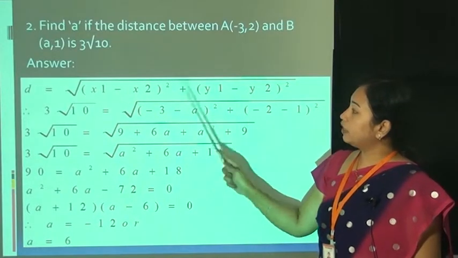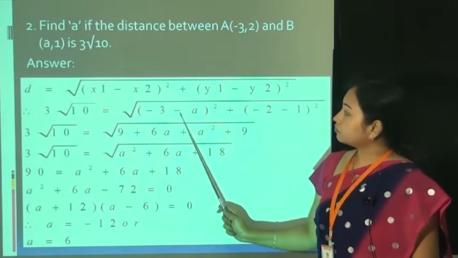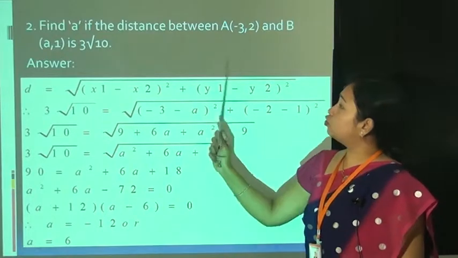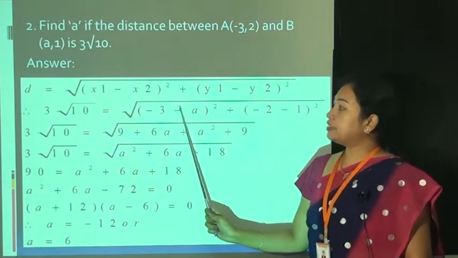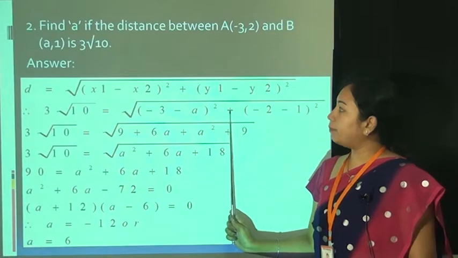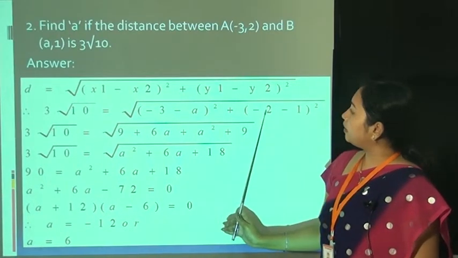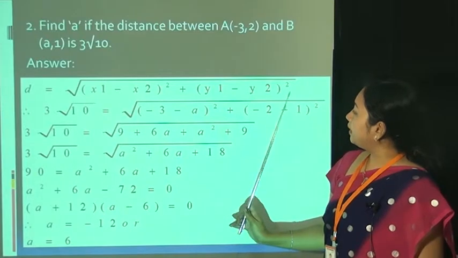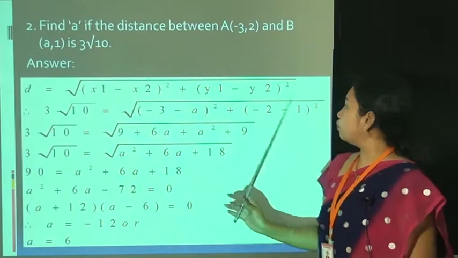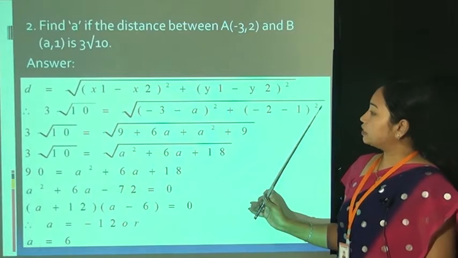So (-3 - a) whole square, here x2 is a, plus the value of y1 is -2, minus the value of y2 which is 1, (-2 - 1) whole square.